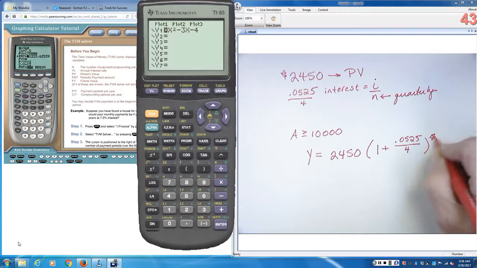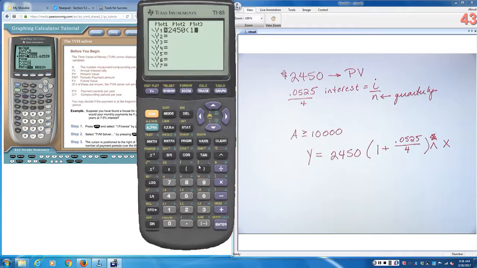So you'll have a caret and then the x to show the power. I'm going to go ahead and type that in. Be sure and put parentheses around your interest rate if you have to divide it. And then close both sets of parentheses, raise it to the power x.